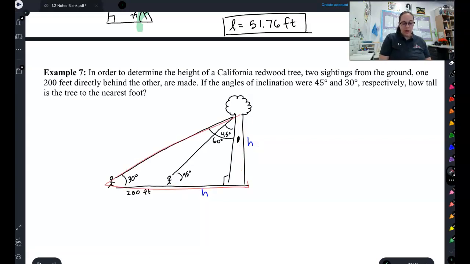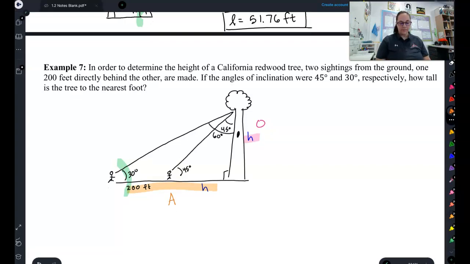Now let's look at our big 30, 60, 90. I know this angle is 30. I'm going to focus on that angle, which makes this side opposite that angle, and this whole side adjacent to that angle.